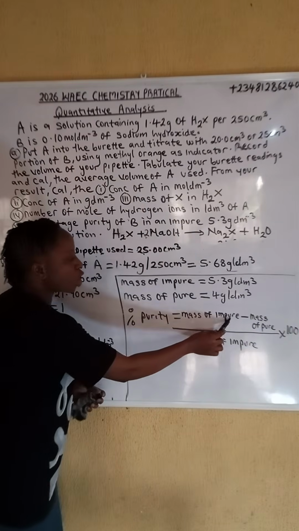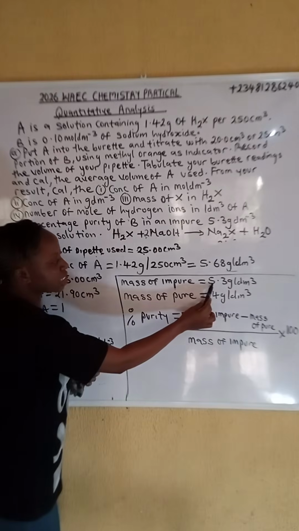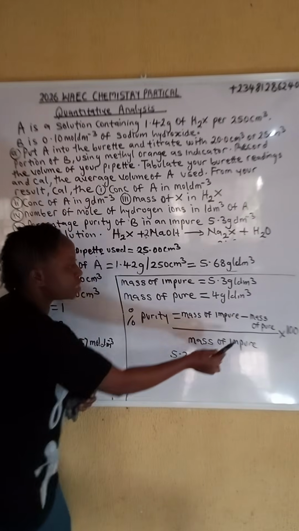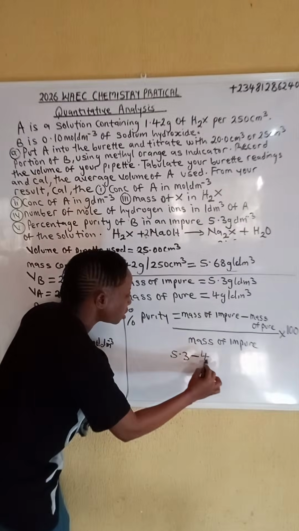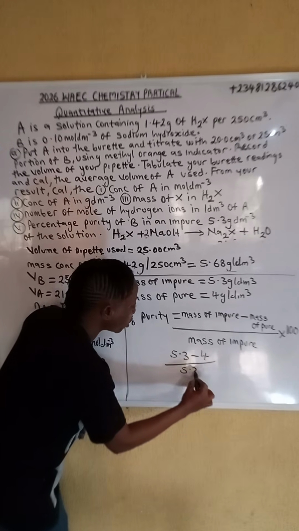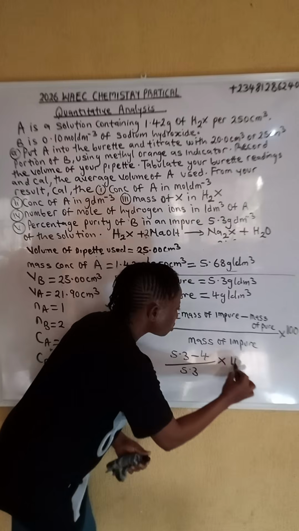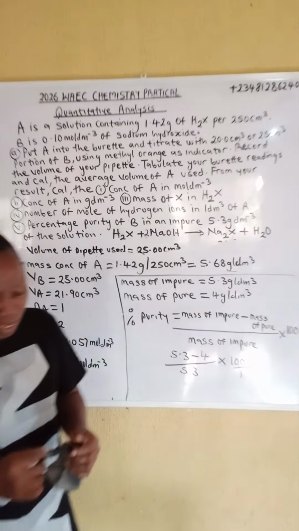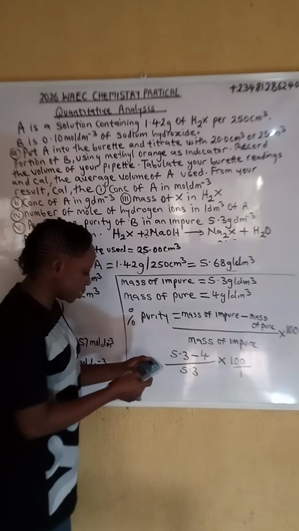The mass of impure is 5.3, minus the mass of pure, which is 4 grams, divided by the mass of impure, 5.3, then multiplied by 100. So let's get the final answer.